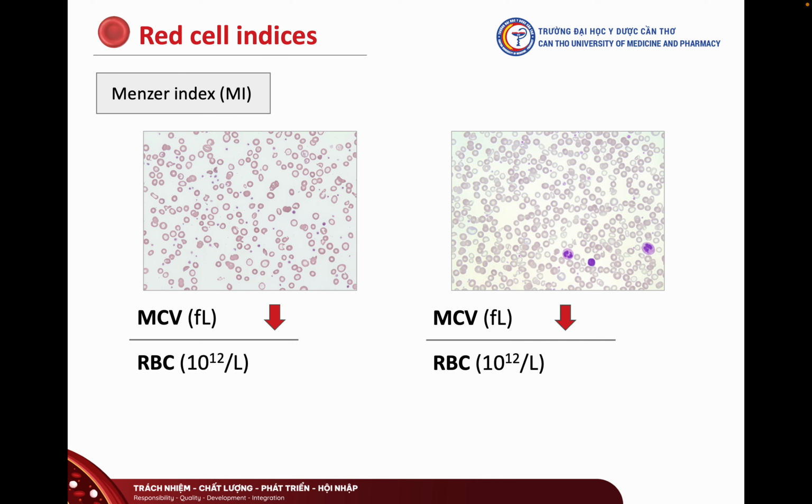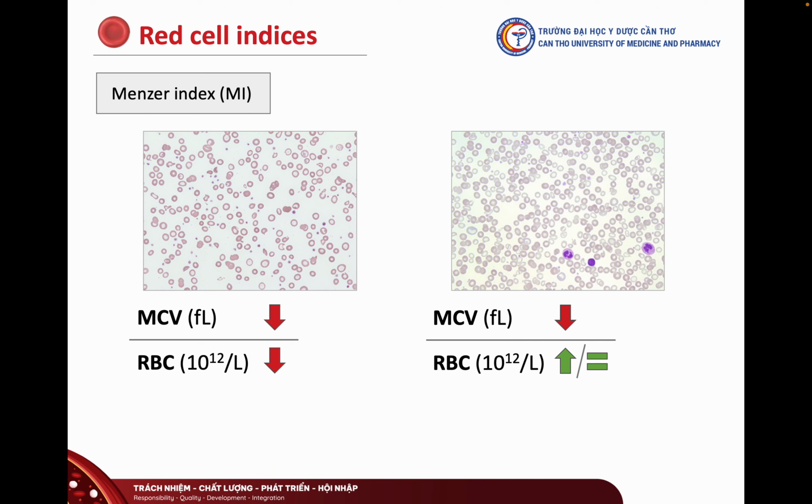In the left smear, the cells are not only small but also reduced in number, and so the RBC is low. But in the right smear, even though the cells are small, there are many more. So our RBC in this picture is normal or increased.